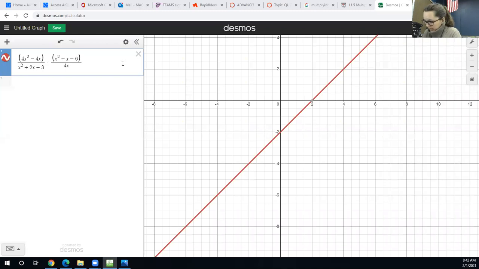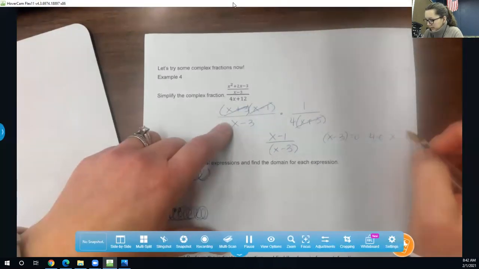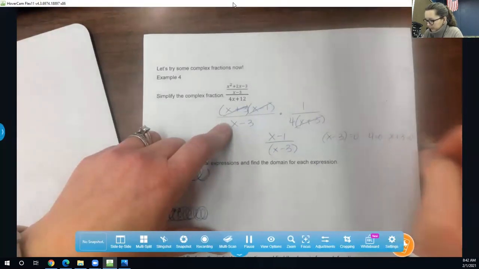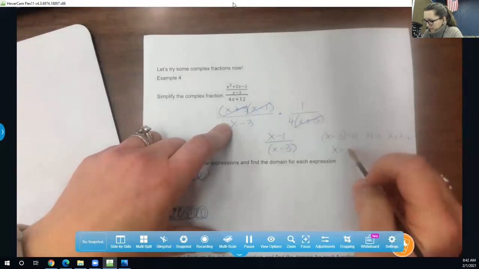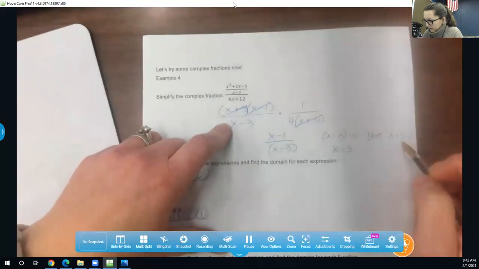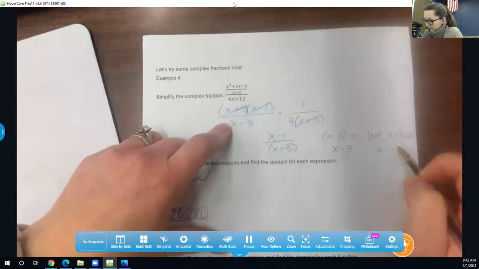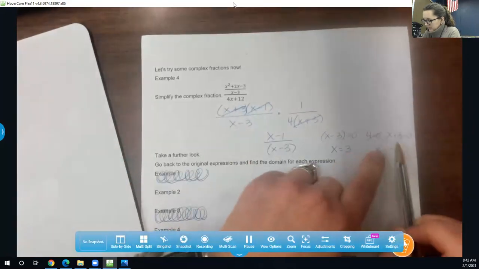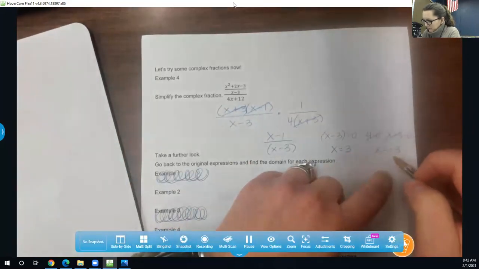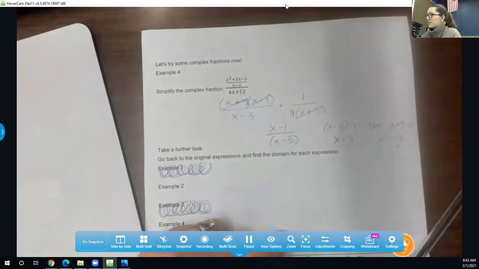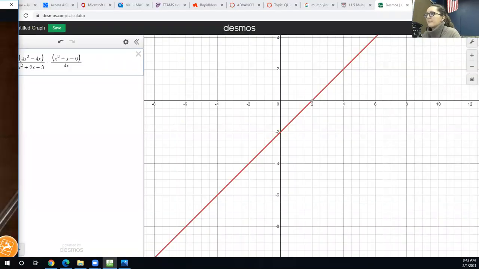So we should have x minus 3 equals 0, and then x plus 3 equals 0. So x equals positive 3, that doesn't work. And then x equals negative 3. So because this one canceled out, this should be a point of discontinuity. So let's see what this looks like on the graph.